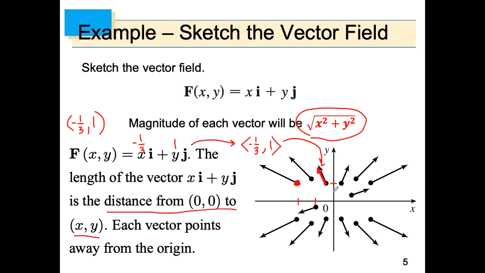In fact, you'll notice the closer we get to the origin, if I wanted to sketch any vectors closer and closer to the origin, these vectors get shorter and shorter and shorter. And just by nature of this vector field alone, each of the vector points happens to point away from the origin. It's just by the nature of this particular vector field.